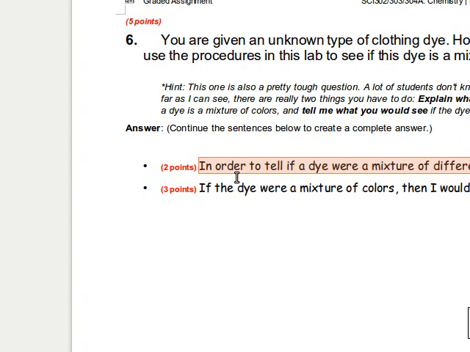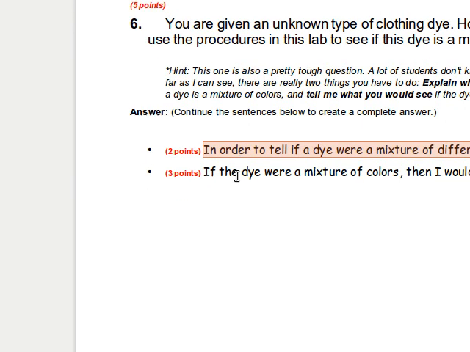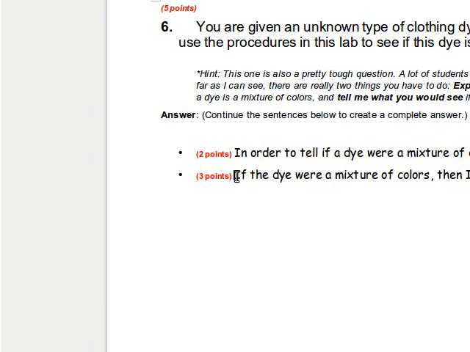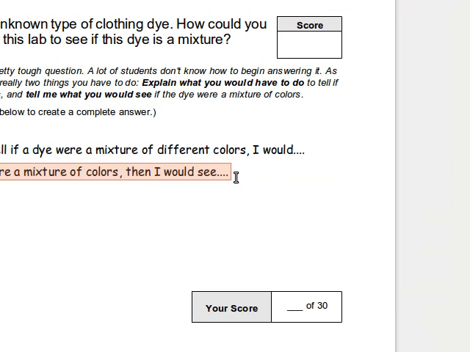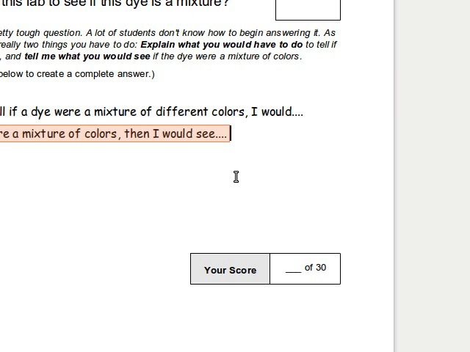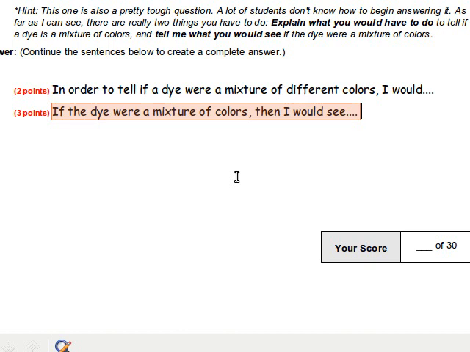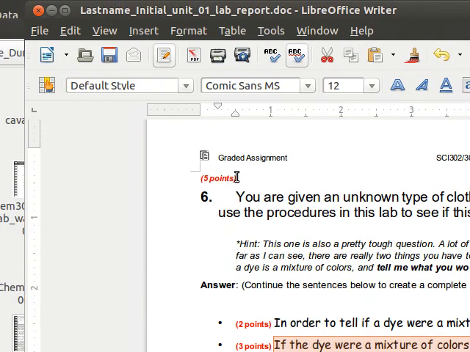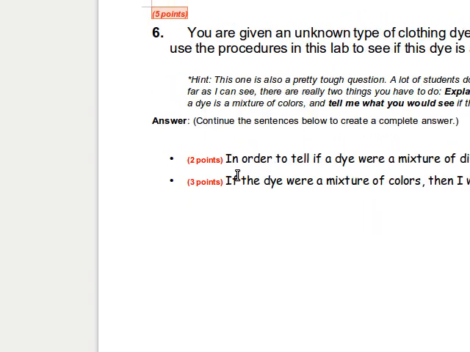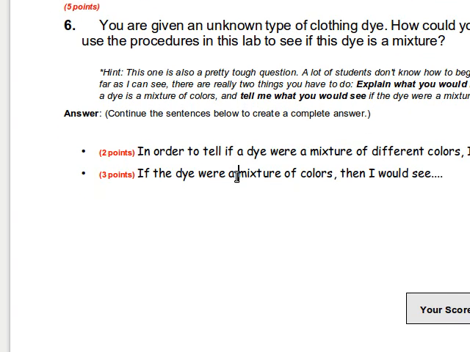You can look up the procedure. You already did it. This second part requires that you understand how to interpret the results. So I think that's worth a little bit more, because you have to understand the procedure and the results. So I'm going to make this one worth 3 points. But really it's just because 5 doesn't break down evenly into two different parts.